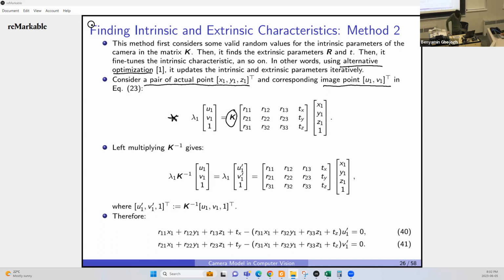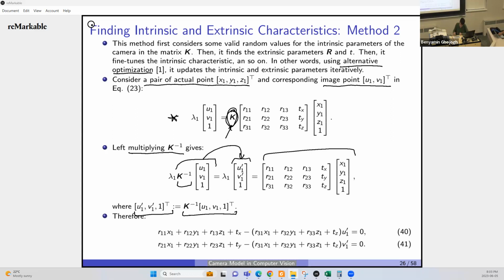For this iteration. So left multiply K inverse to get rid of this K. I define K inverse times u1, v1, 1 as u1 prime, v1 prime, 1. Therefore I replace this by this. And the right hand side I have without the pain in the neck K, because I multiplied K inverse.